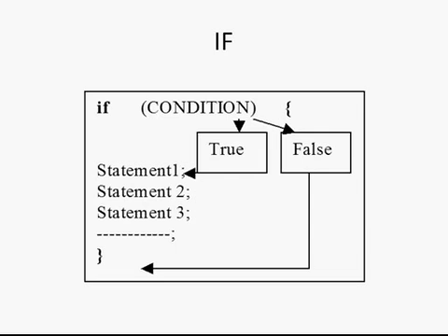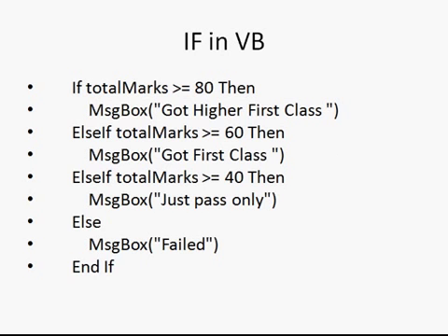If the condition is false, the control jumps to out of the if bracket or body or braces. So if the condition is false, it jumps outside the if, and if condition is true, it jumps to statement 1, then executes statement 2, 3, like that. So if is there in all the languages.